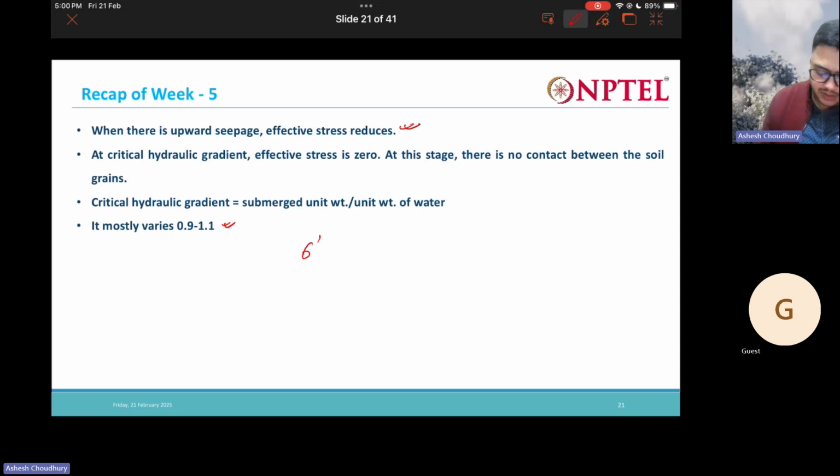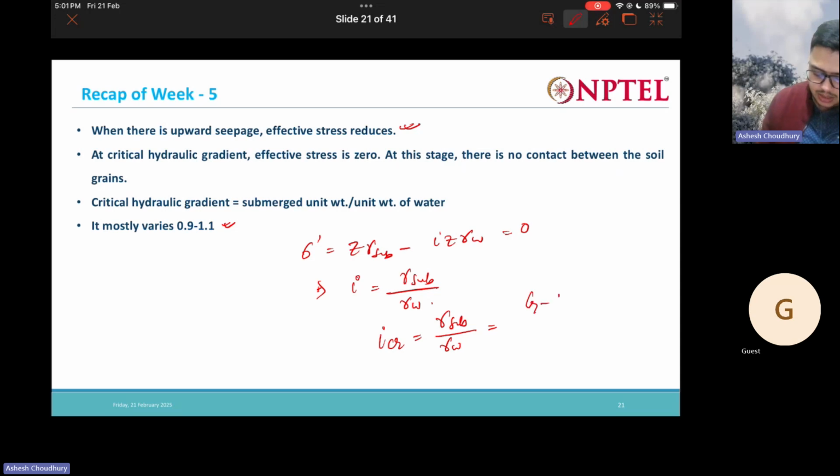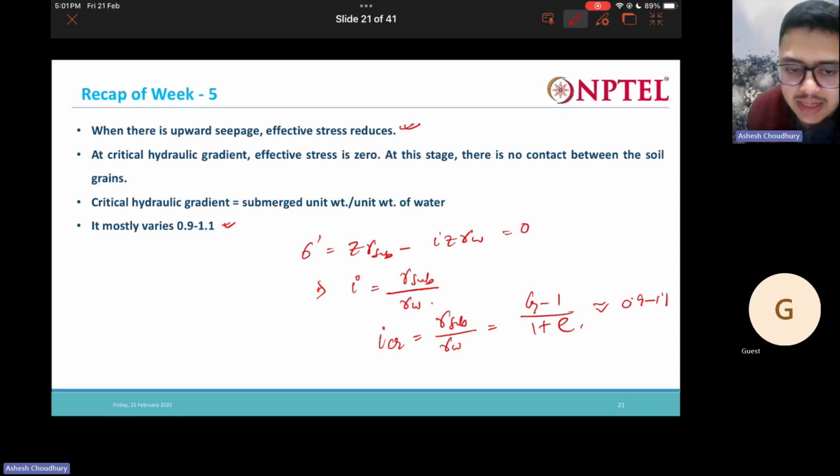So when upward seepage is there, if I equate the effective stress to 0, I will get i equal to gamma sub by gamma w. So my i critical is equal to gamma sub by gamma w, which is G minus 1 by 1 plus e. So this generally comes as 0.9 to 1.1. These are critical hydraulic gradients.